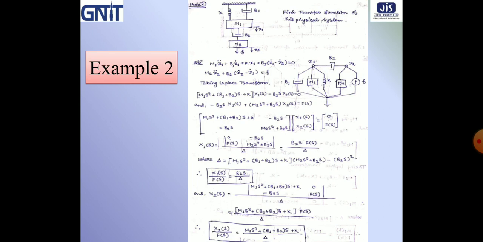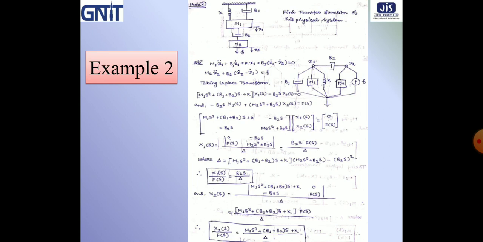So we have to write the force equation. Force due to mass M1 will be M1 x1 double dot. Force generated due to damper B1 is B1 x1 dot. Force generated due to spring is k x1.